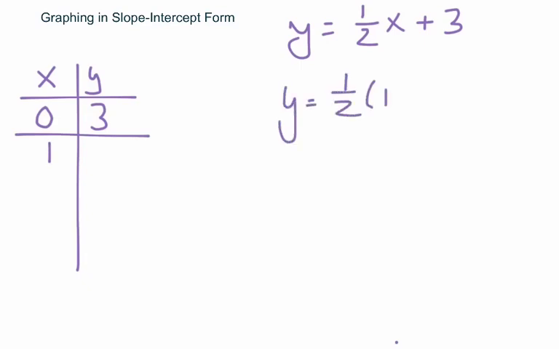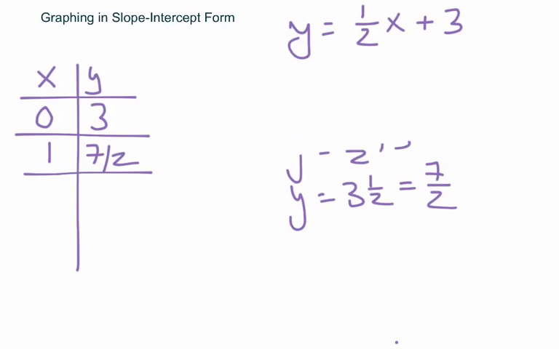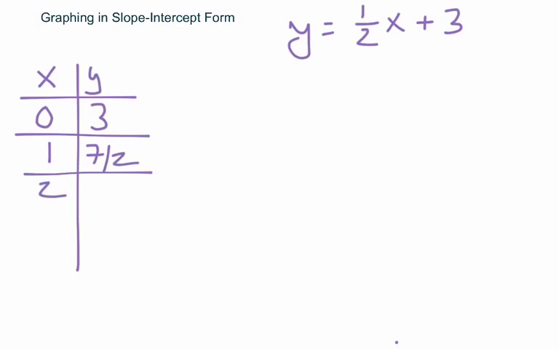We'll have 1/2 times 1, which is 1/2, and then you end up with the fraction plus the integer. 1/2 plus 3 is 3.5, which is not fantastic, which is 7 halves. And so the 1, while it does work and does give us a point that's on that line, and we've explored that a couple lessons back, it's not really a great number to use.